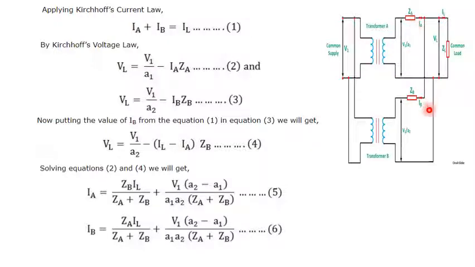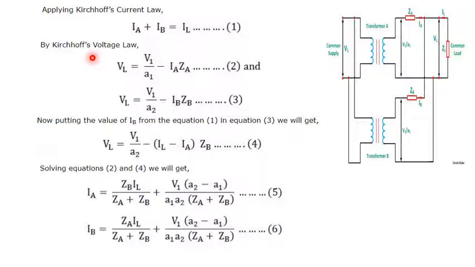The secondaries of both transformers are connected in parallel, so whatever current we obtain at the load terminal is the summation of the currents of the two transformers connected in parallel. IA is the secondary current of transformer A, IB is the secondary current of transformer B, and the load current is the combination of these two currents. Call this equation number 1.